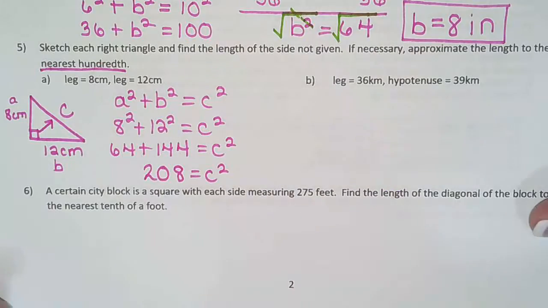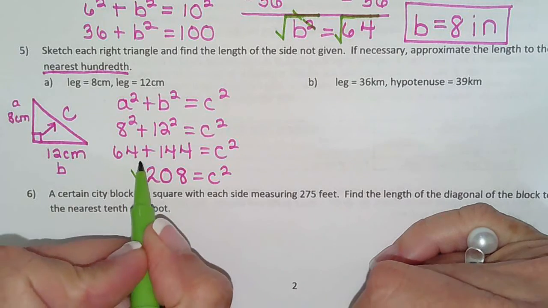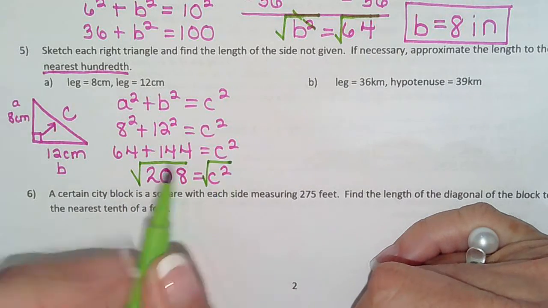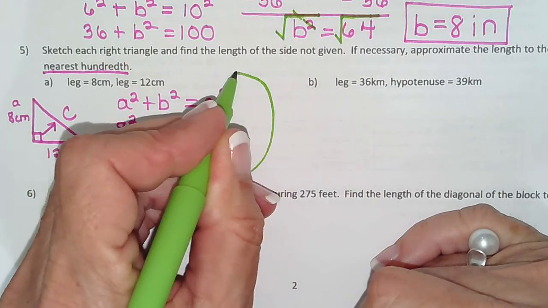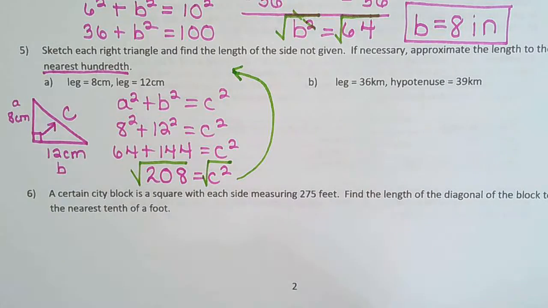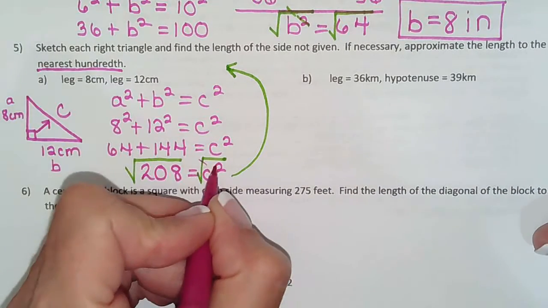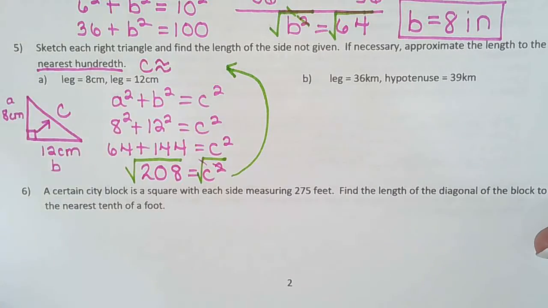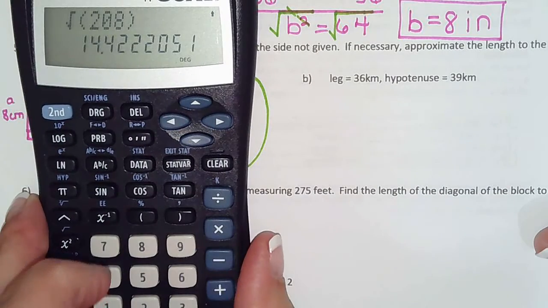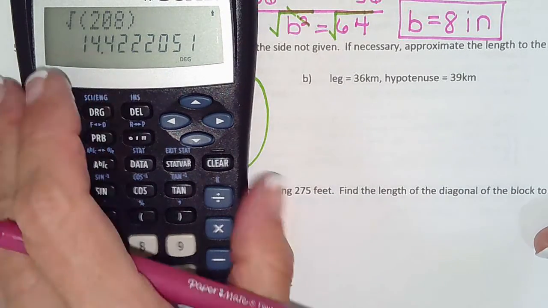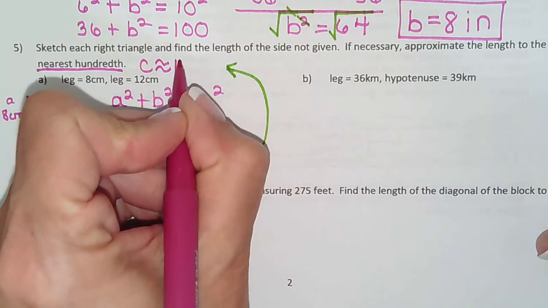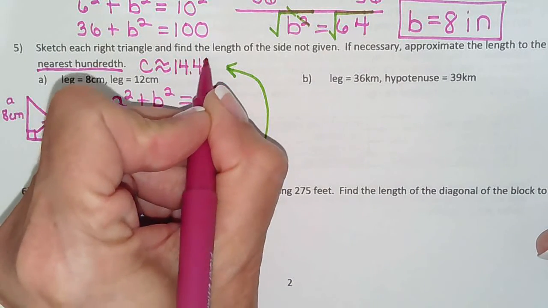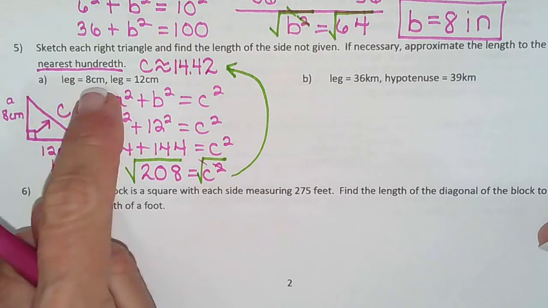So approximately square root, because we want to know what C is, not C squared. So C, these cancel. C is approximately 14.42 in centimeters.